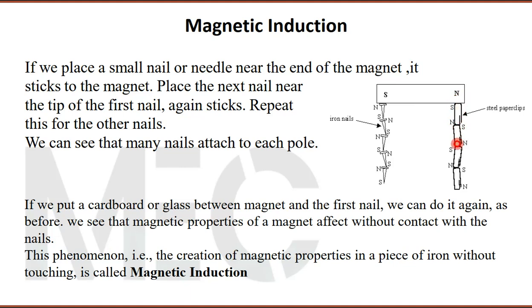And then another paperclip is the same story. When it is close enough, by magnetic induction, the second paperclip will be a magnet. So S and N, and therefore S sticks to N. This is how they attach to the poles of a magnet.